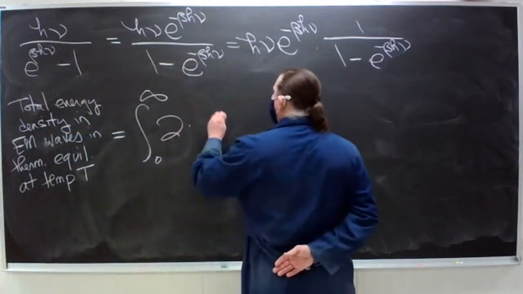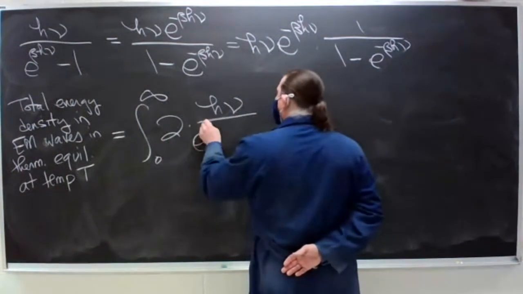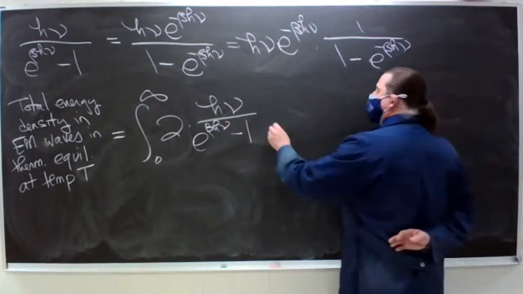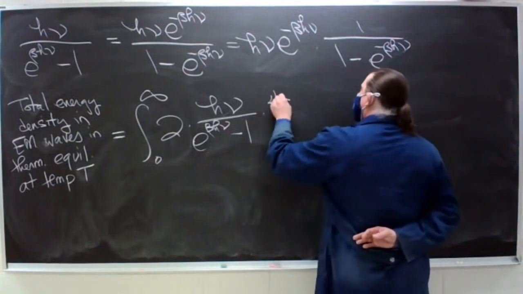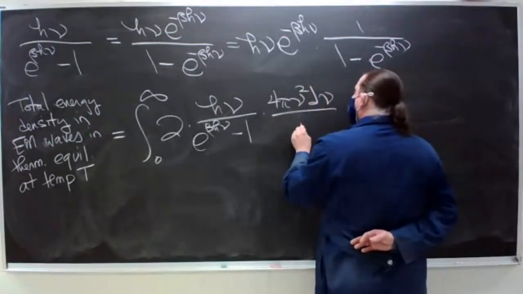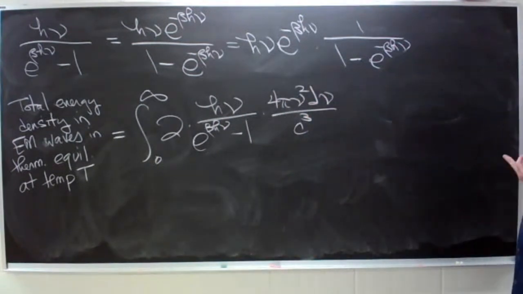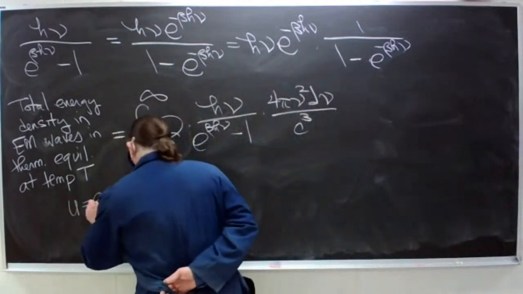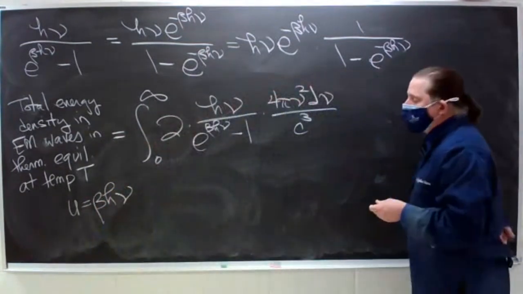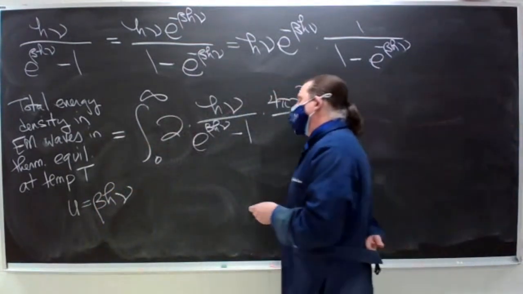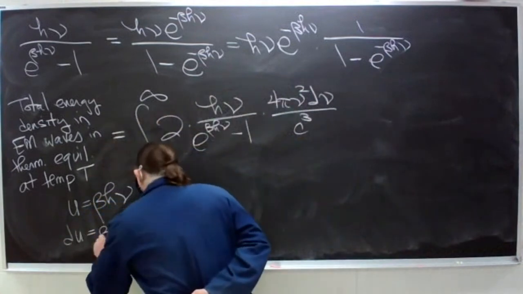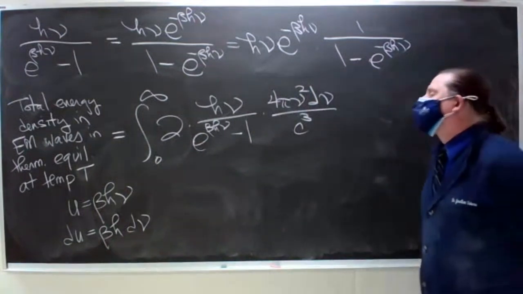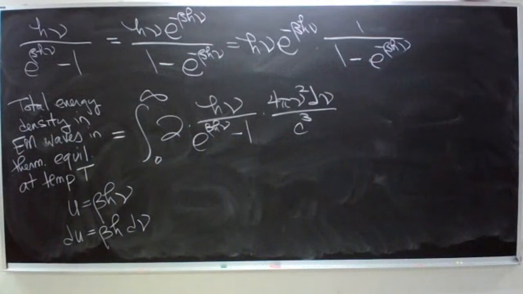I'll have 2 h nu over e to the beta h nu minus 1, and then my state density. I'm, of course, going to make a u substitution. u equals beta h nu. So du would be beta h d nu. This is effectively just a scaling substitution.